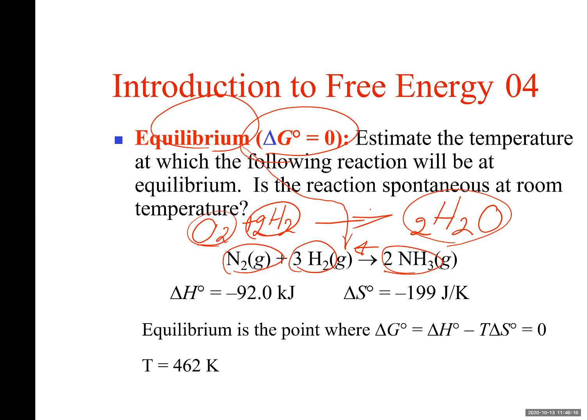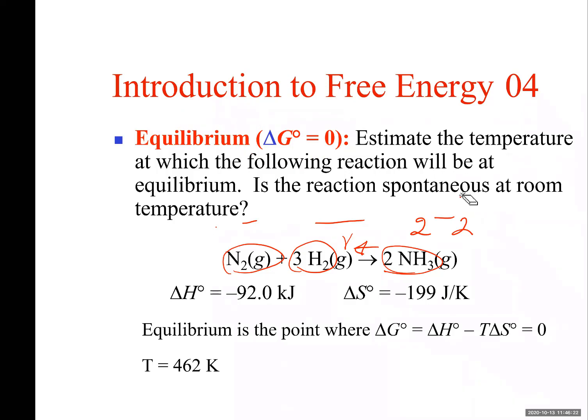So in this problem, we are asking, at what temperature is the reaction at equilibrium? It means at what temperature the reaction is going to have delta G equal to 0. And you already have a formula.